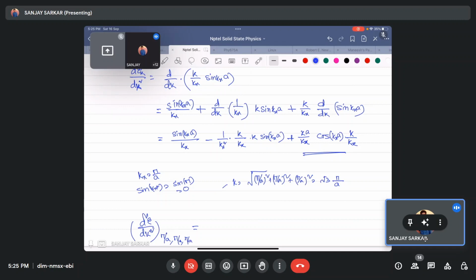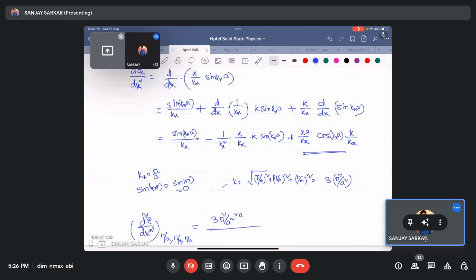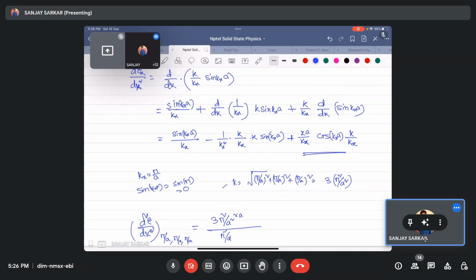So k square is 3 pi square by a square, into a, divided by kx square, which is pi square by a square, and cos kxa is cos pi, which gives minus 1.